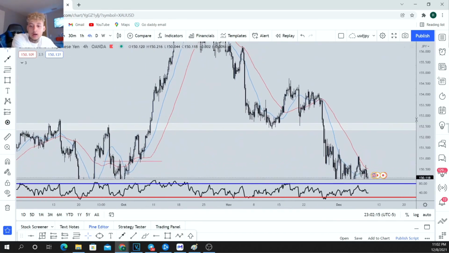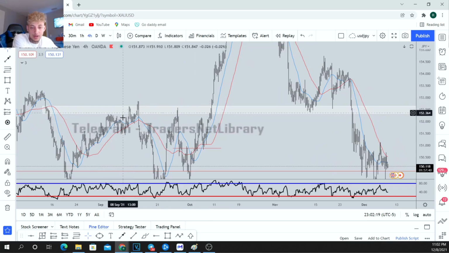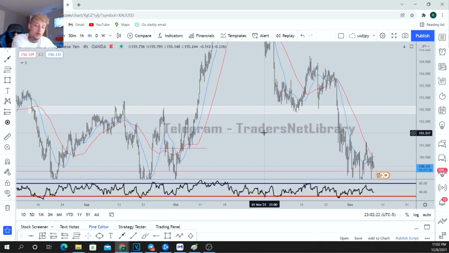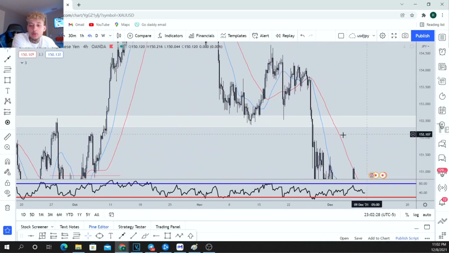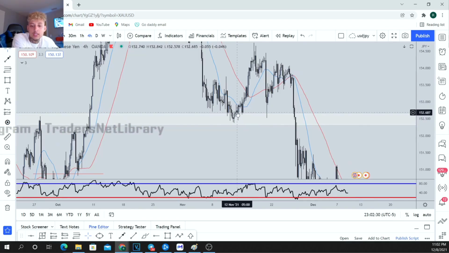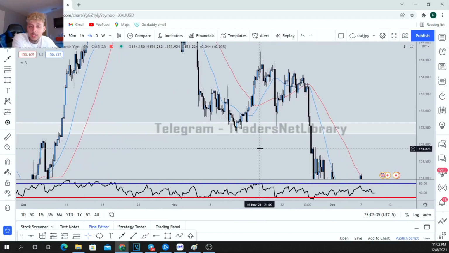So anyways, let's say that we have resistance here, right? And it doesn't mean that I'm going to be giving you actual trade ideas, but let's just say we have resistance here and we as a trader determine, okay, all I'm going to wait for is for price to form support. And once support actually forms, wait for my entry candle.